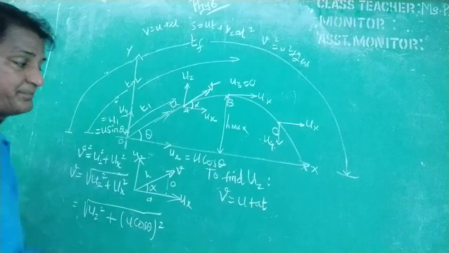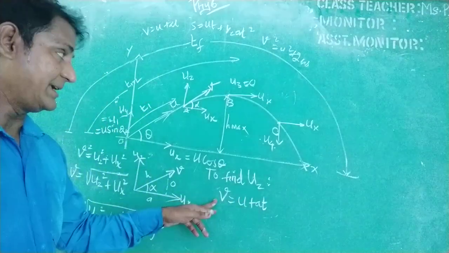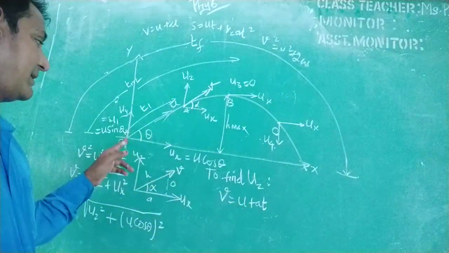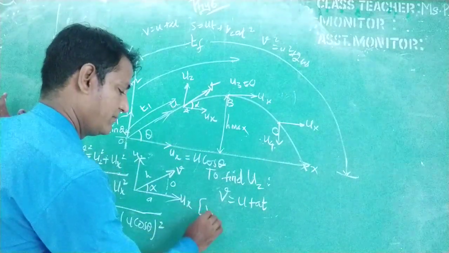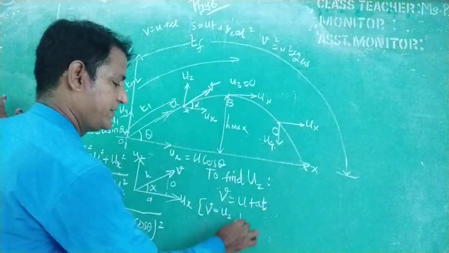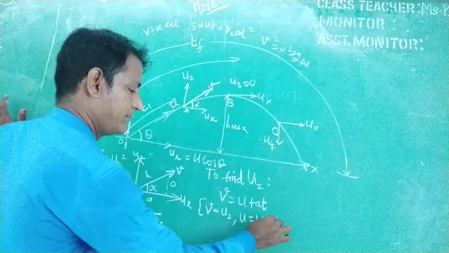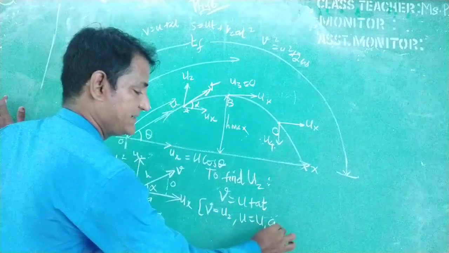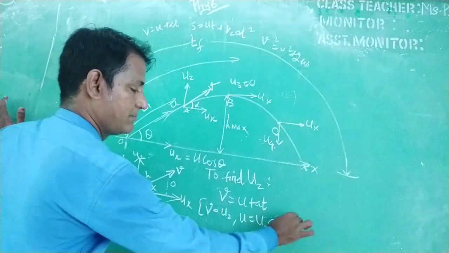Here v is the final vertical velocity at the point A. u is the initial vertical velocity at the point O. So v is equal to u2, u is equal to u1. Since the body rises against gravity, a is equal to minus g.